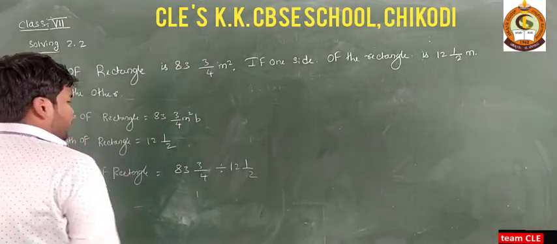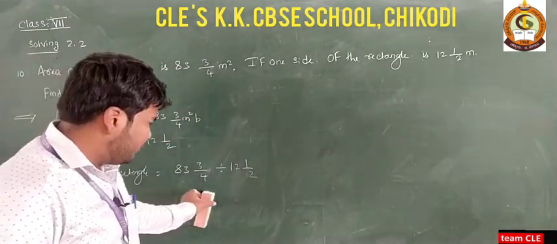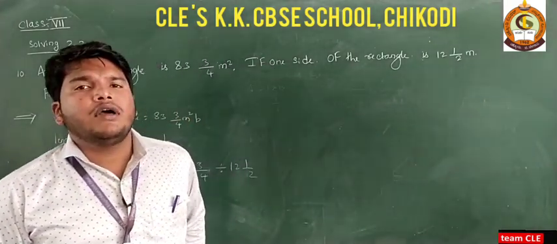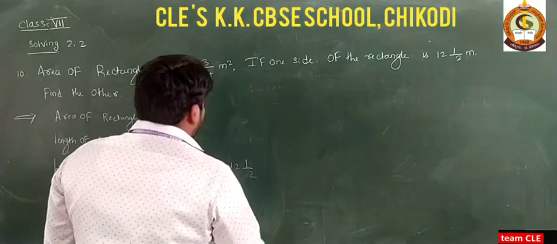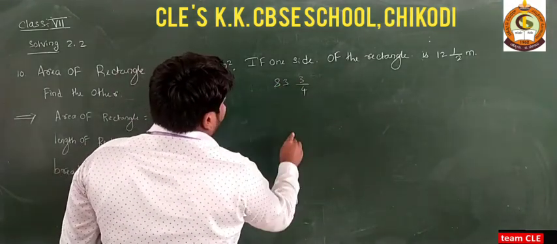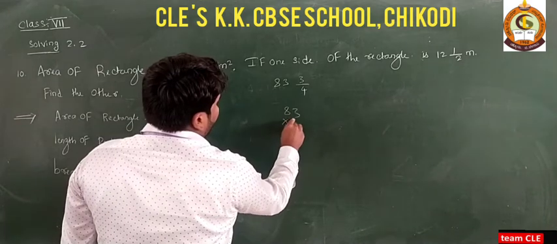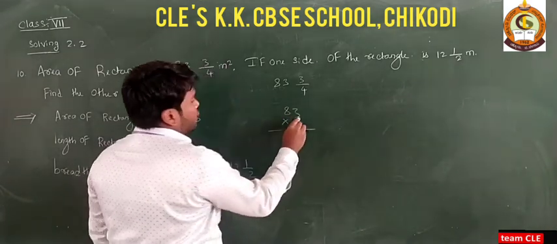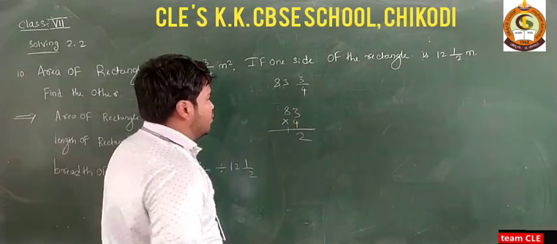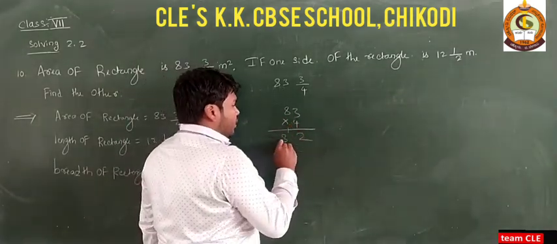First, this is in the form of a mixed fraction, so you have to convert it into an improper fraction. First I will convert 83 3/4. You know that 83 into 4, I need to multiply in the first step. 4 3s are 12, 1 carry, 4 8s are 32, 32 plus 1 is 33.